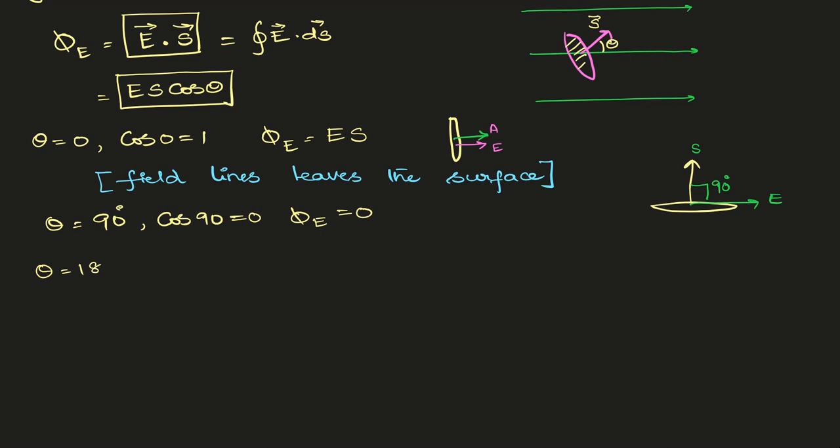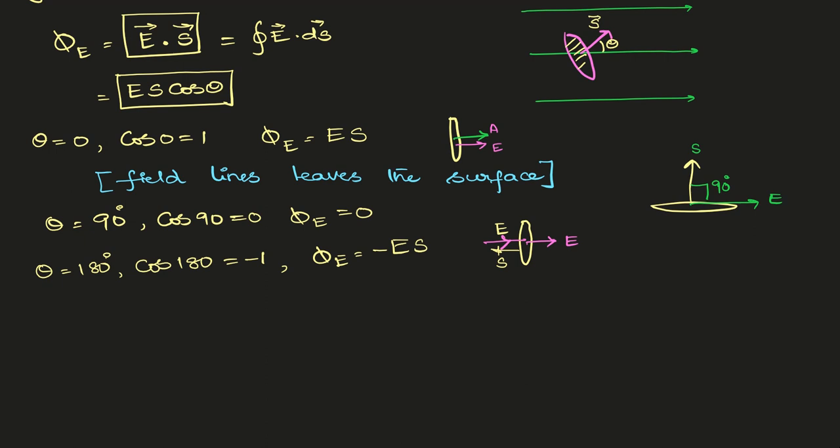Now if theta is 180 degrees, then cos 180 is minus 1, so the electric flux will be equal to minus E into S. If you have a surface like this, and the electric field vector is entering like this, and I consider the area vector on the other surface, so this is the area vector and this is the electric field vector, then the flux will be negative.